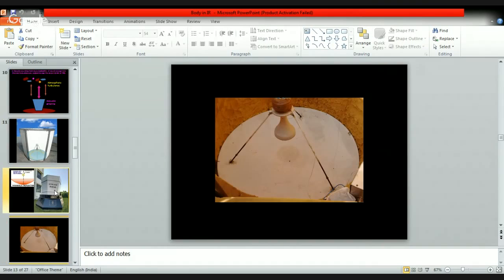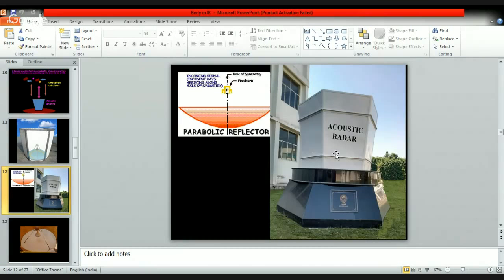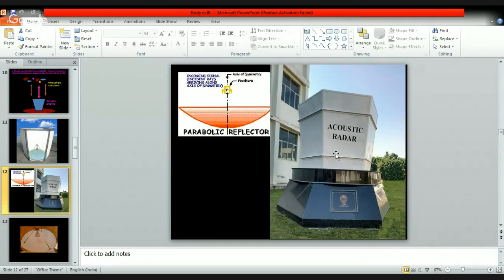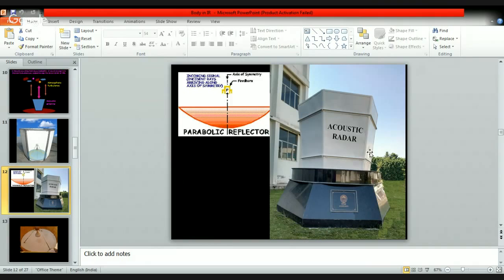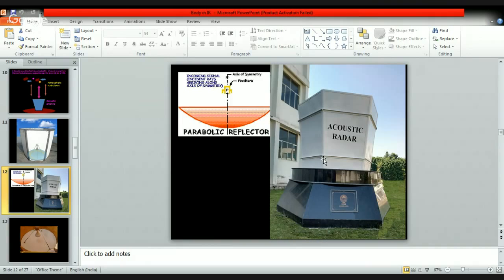This is the instrument that we have installed at the Roorkee Engineering and Management Institute. The antenna is inside this dome, what is called the acoustical dome. It will absorb all the noises which are present at the site.